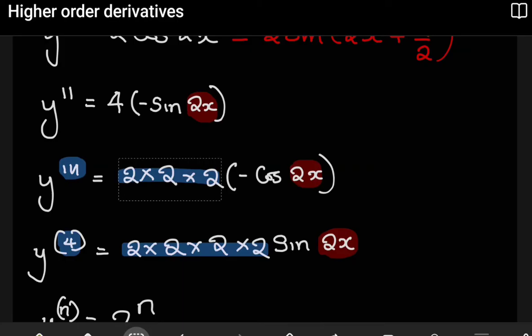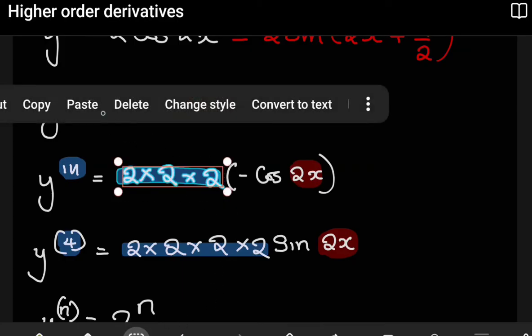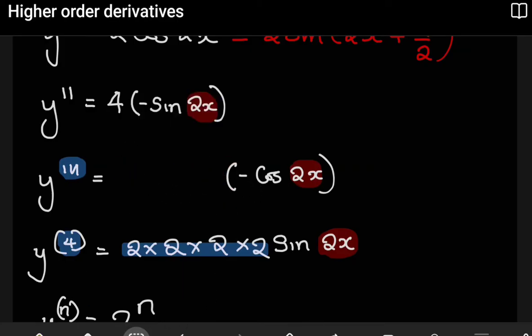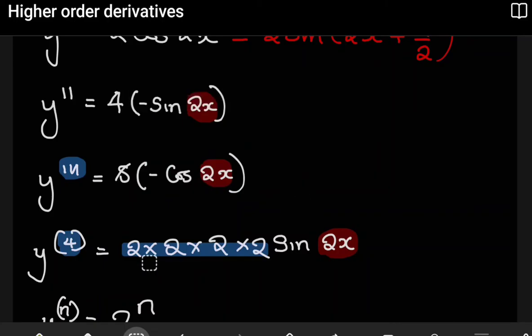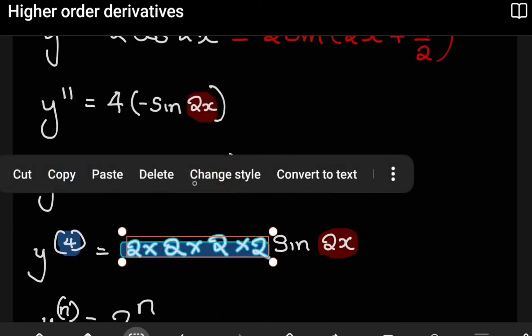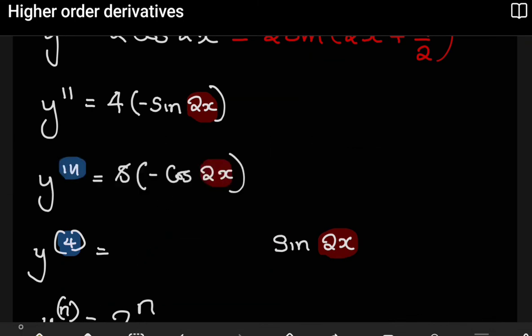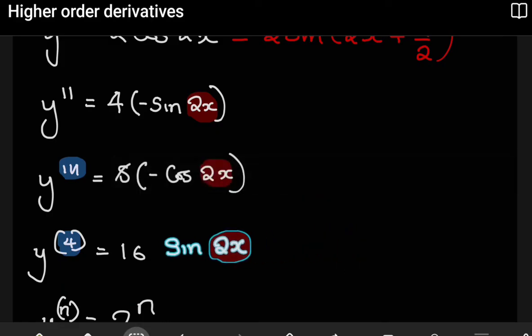We can do the same thing here. This is an 8, and this can come here. And this is going to be 16.